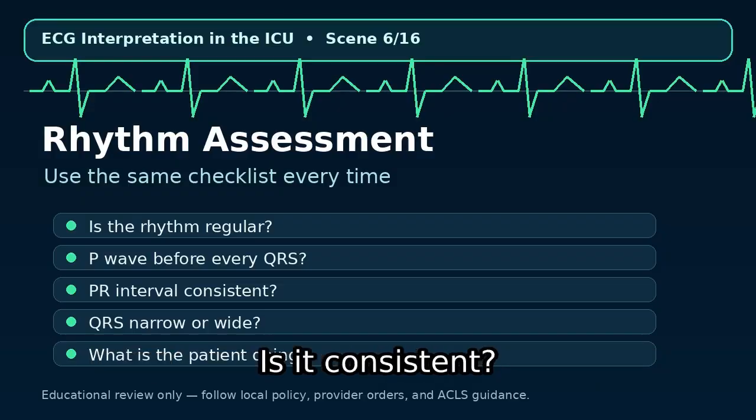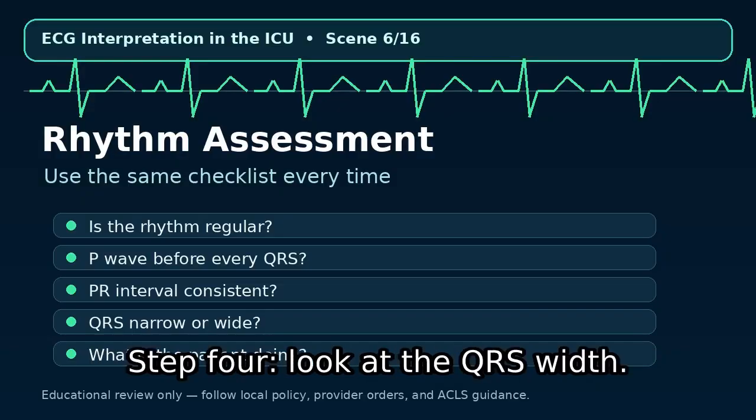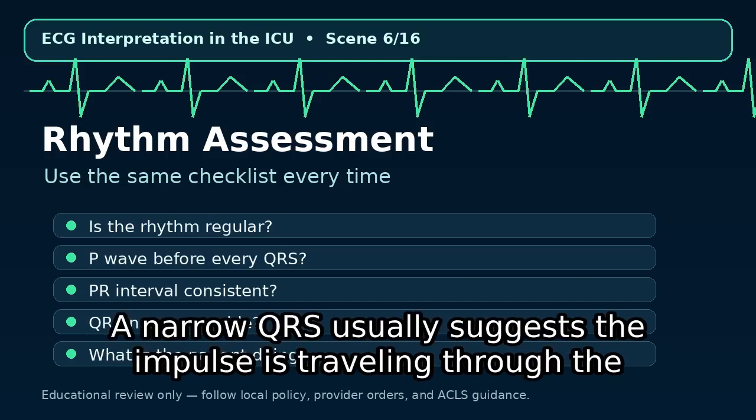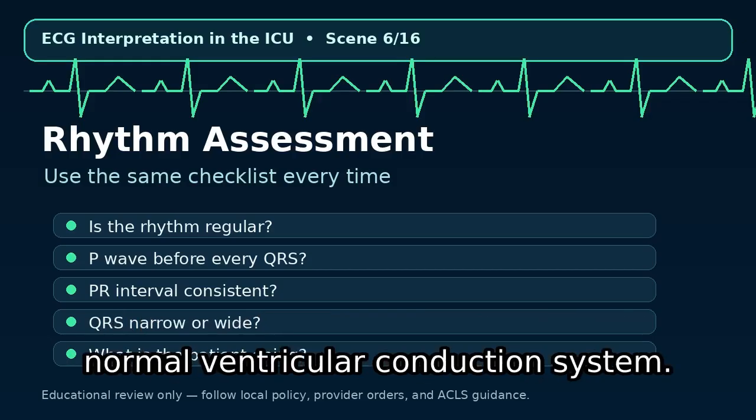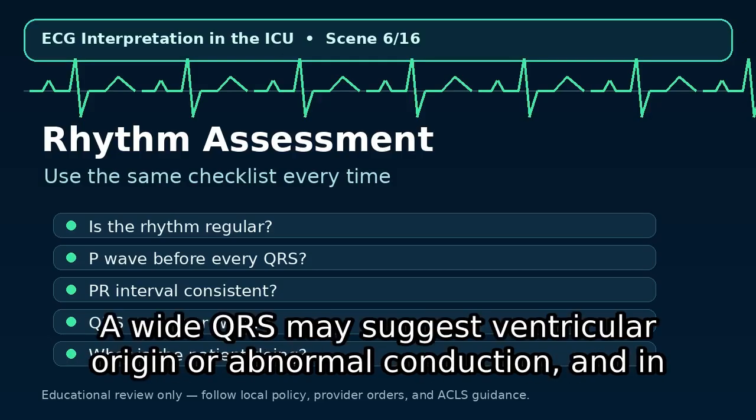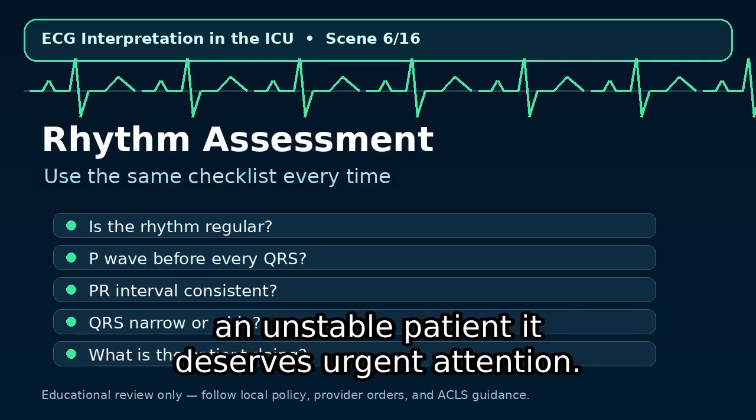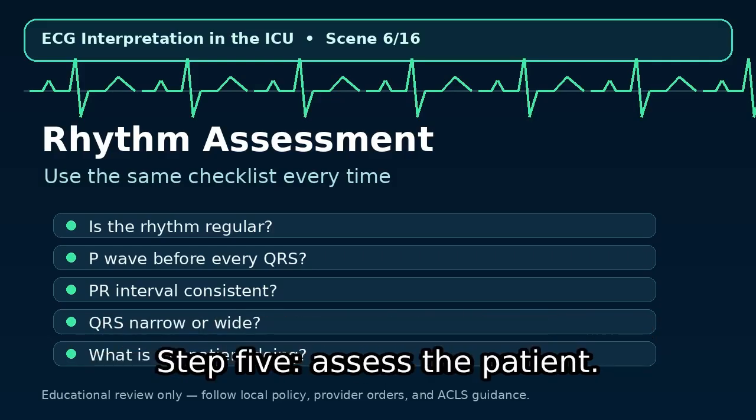Evaluate the PR interval. Is it consistent? Step 4. Look at the QRS width. A narrow QRS usually suggests the impulse is traveling through the normal ventricular conduction system. A wide QRS may suggest ventricular origin or abnormal conduction, and in an unstable patient, it deserves urgent attention.